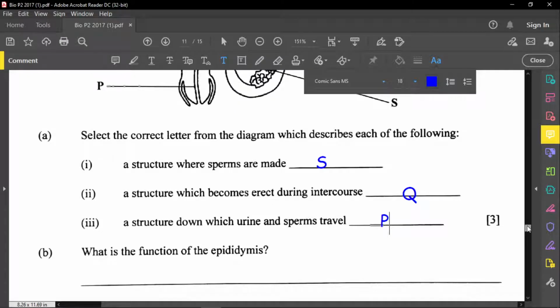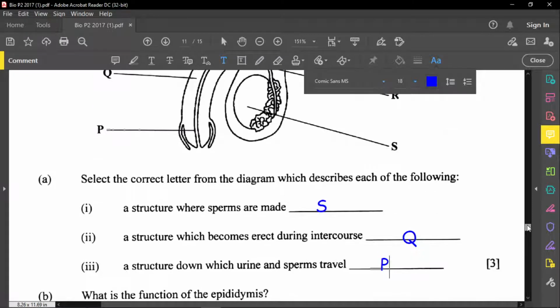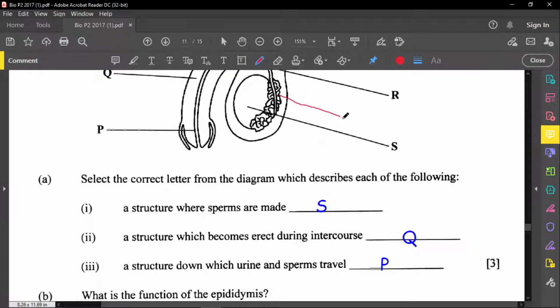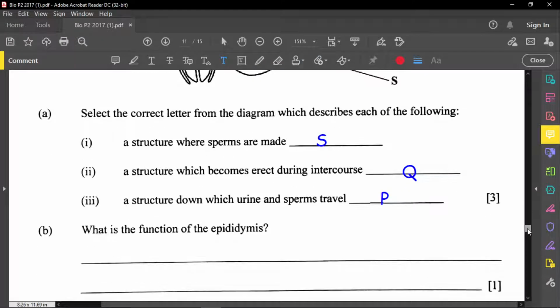What is the function of the epididymis? The epididymis is this convoluted structure. So I'm just going to make a line there. That's the epididymis. That's a convoluted structure, or coiled. You may want to describe it as being coiled as well. The function of that is to temporarily store sperms until they are mature.